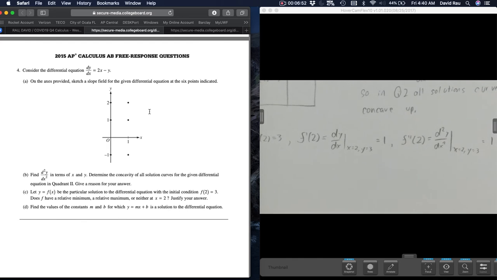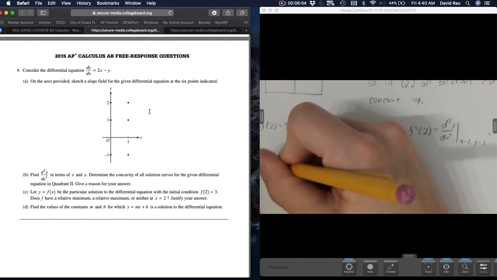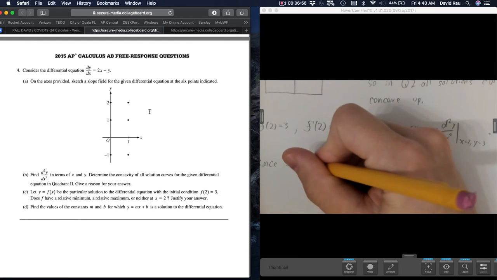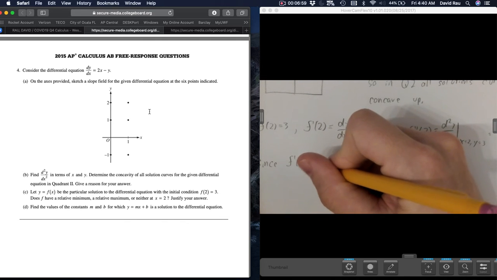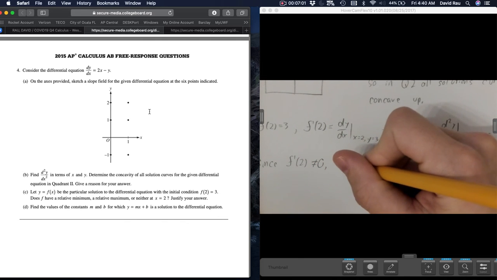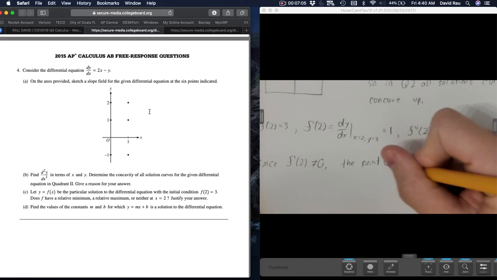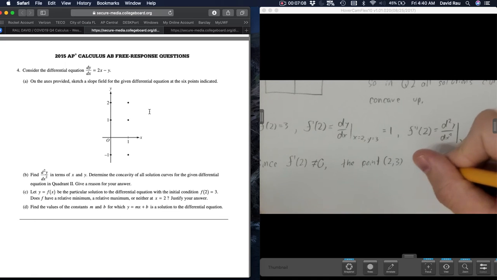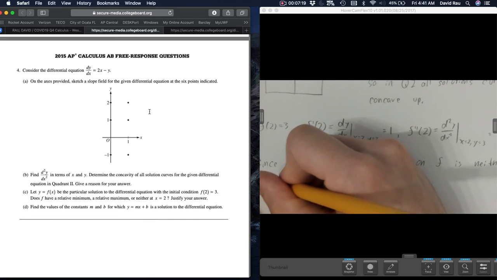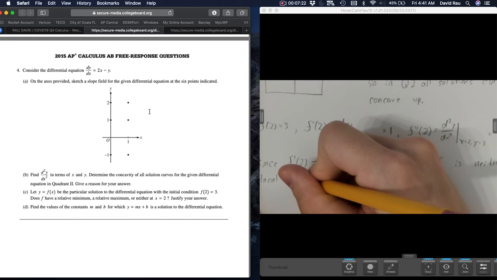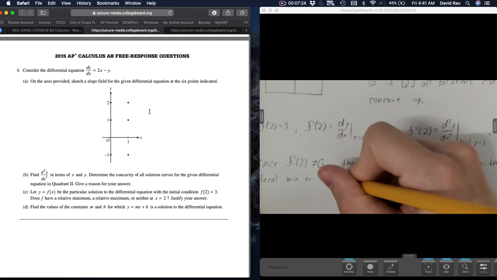So since f prime of 2 does not equal 0, the point 2, 3 on f is neither a local min or local max.